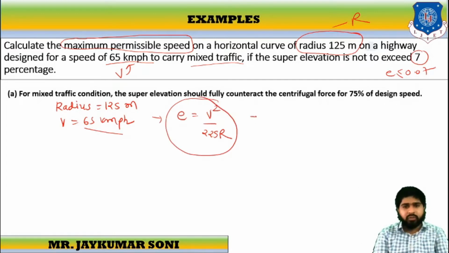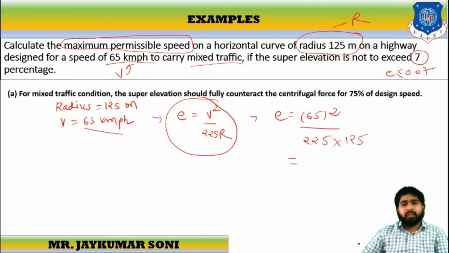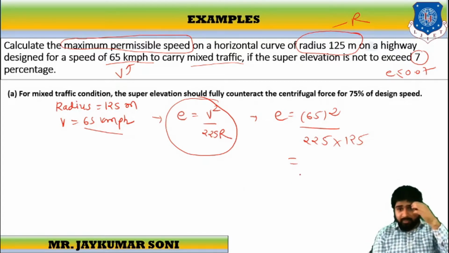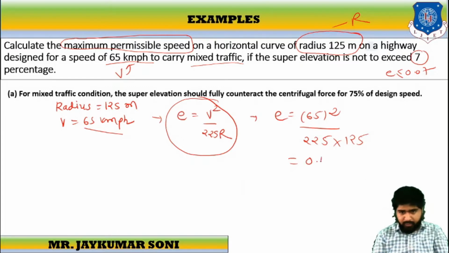Let us put the values over here. E is equal to 65 whole square by 225 into R, which is given as 125. Calculate and tell me what value you are getting. As per my calculation, I am getting approximately 0.15.